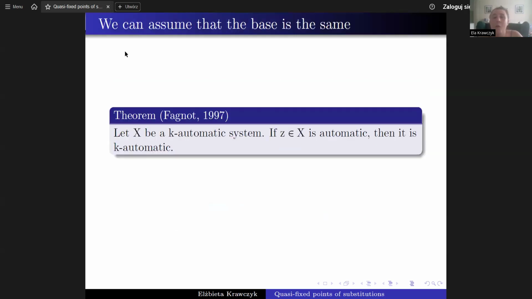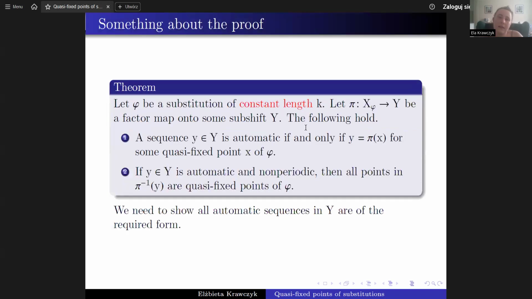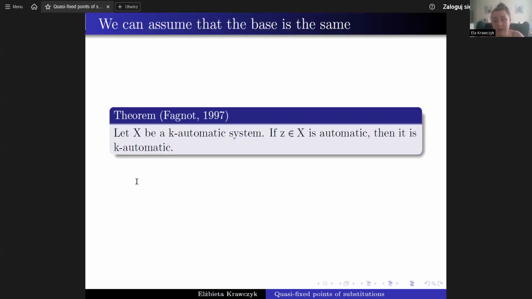Okay, so first of all, here I said just automatic. First of all, we can assume that the base is the same. And this is due to a very classical result, which I paraphrased here a little bit, by Fagnot, a generalization of Cobham's theorem, which says that if my system is k-automatic, so it is generated by some k-automatic sequence, and I have another sequence there which is automatic with respect to some base, then it actually has to be k-automatic.